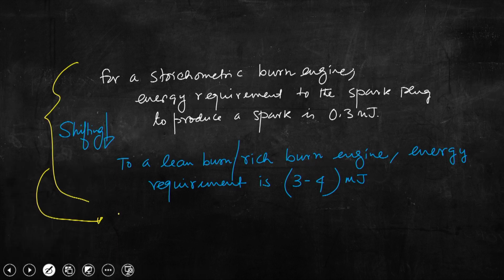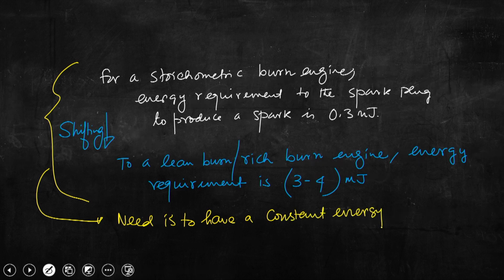So from here we can say the need is to have a constant energy system, accounting for this aspect, that is, the mixture can change from stoichiometric to lean or rich.